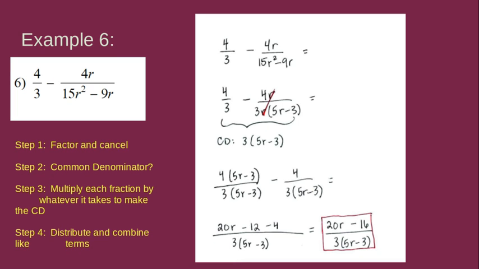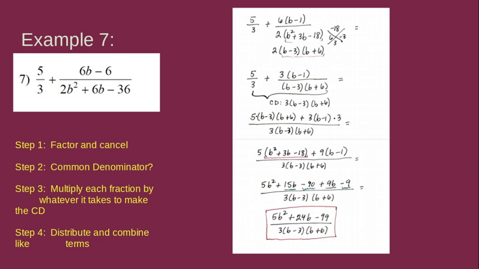So I distributed in the 4, and that gave me 20r, and then minus 12. And then I subtracted the 4, which was on that right-hand side rational expression. Combining the like terms then gave me 20r minus 16 all over the common denominator of 3 times the quantity 5r minus 3. All right, one more example.